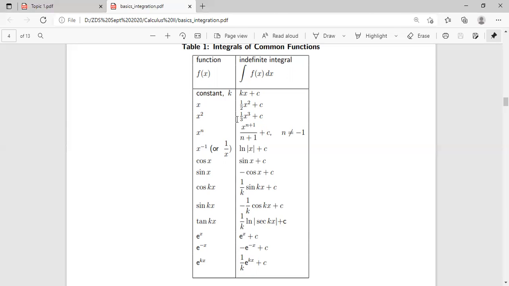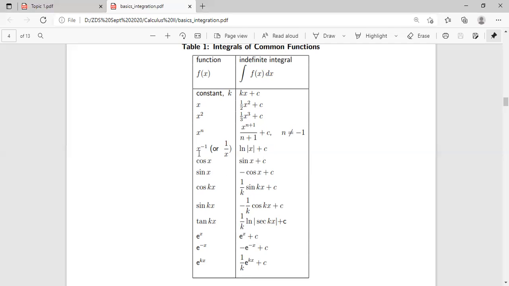And therefore, if we divide the entire product by 0, then we won't get any meaningful answer in integration. So when x is raised to -1, we normally get the natural logarithm of the absolute value of x plus c.